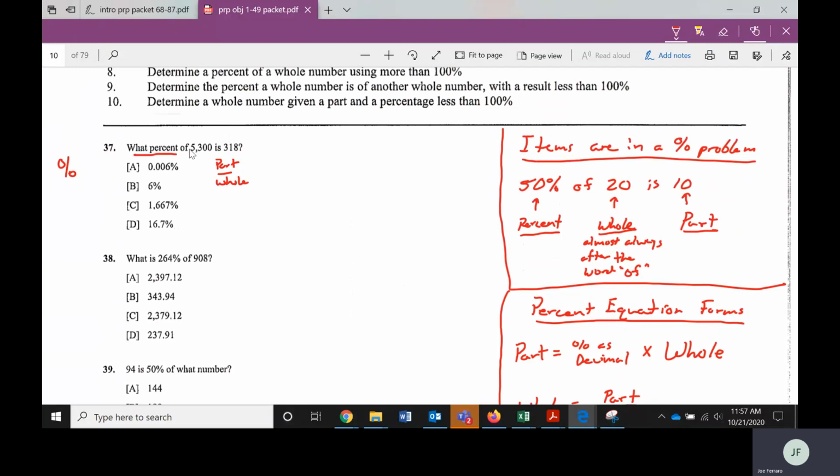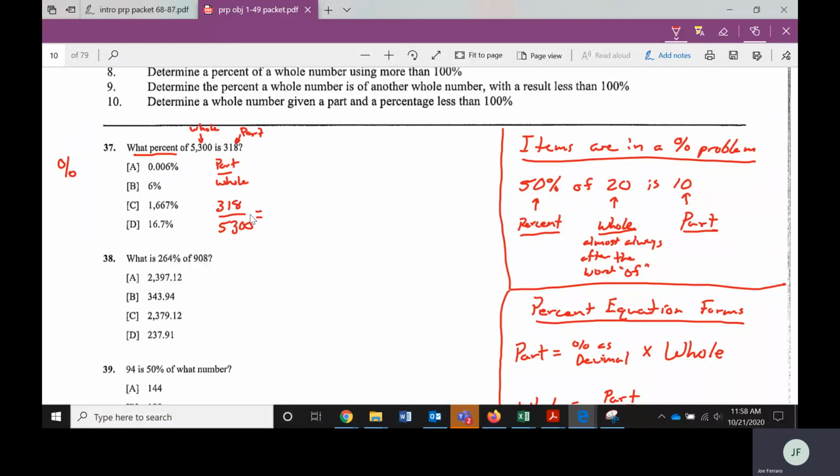When I look at these 2 numbers, I have to figure out which one is whole and which one is part. Here's the word of. That means this is the whole, and then this is the part. So if we do part over whole, the part is 318. The whole is 5,300.